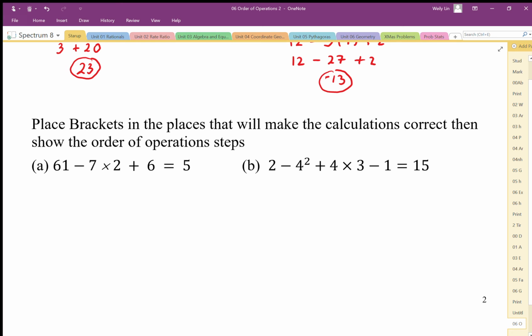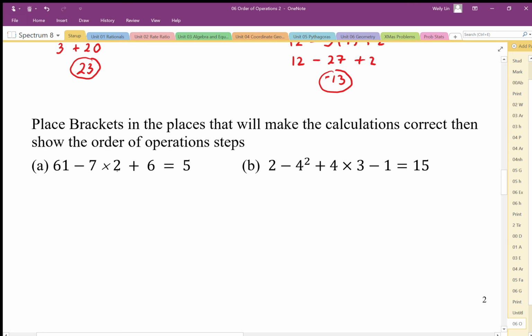Okay, so for this solution, we need to make it equal to 5. This is kind of tricky in that I've got a big positive 61, and I need to get rid of a lot of it to get down to 5. So I probably need to group this together. In fact, I probably want to make my multiplication as big as I can.